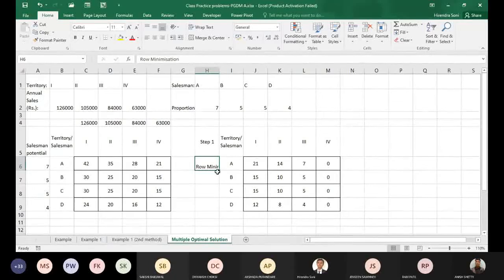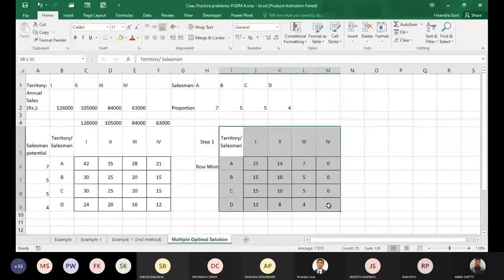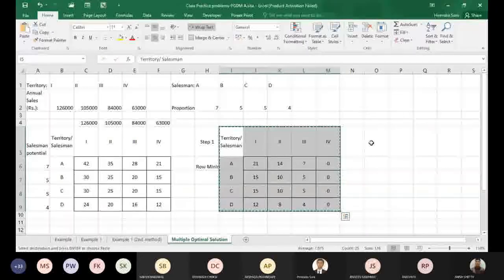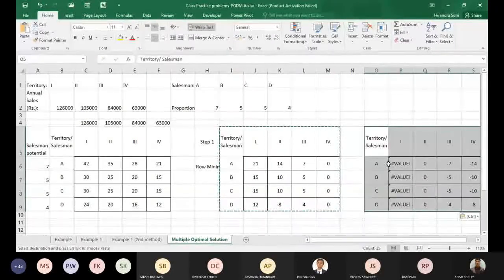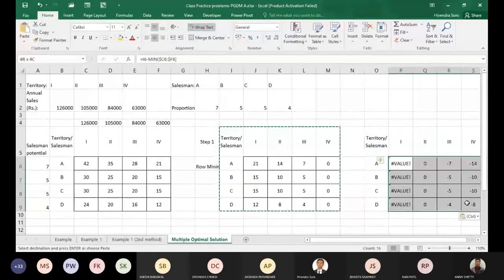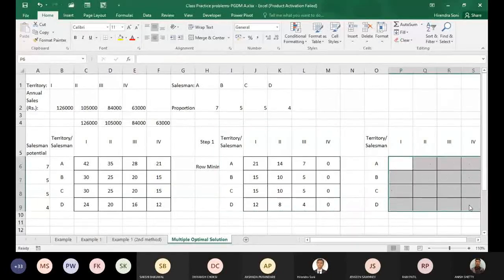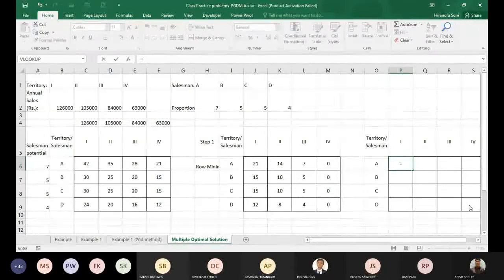Fine. So step one was row minimization. This is what we did. Then step two, column minimization. We'll just remove the values and it would be equals to this value minus minimum of.